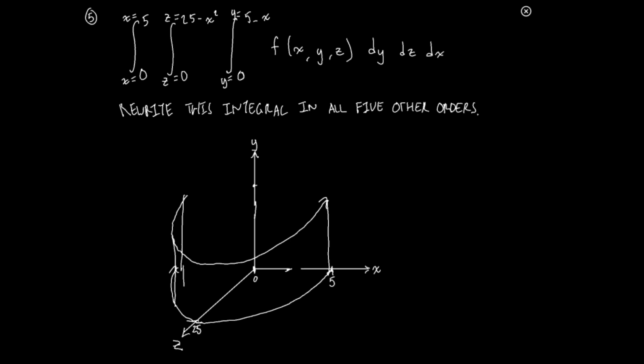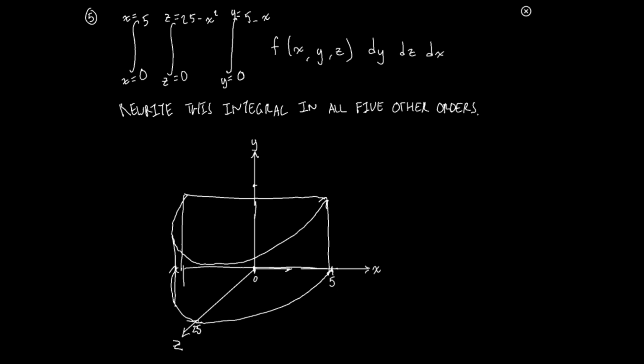So right now we have sort of this solid right here, but we haven't finished yet. We need to do our last bounds for y. And so y goes from y equals 0, which is the plane down here, the xz plane, and it goes all the way up to 5 minus x.